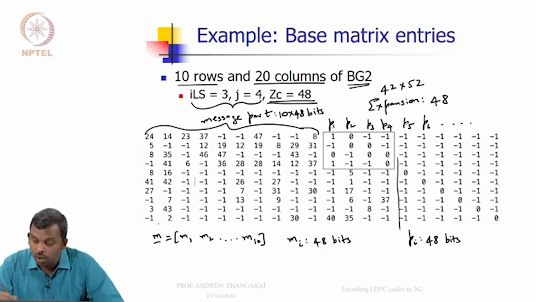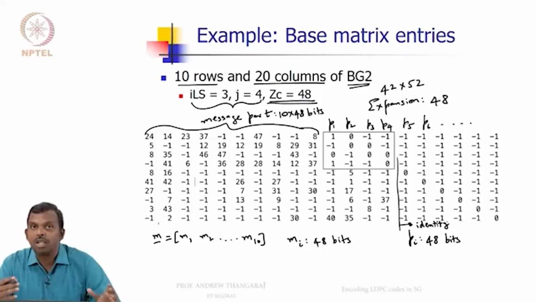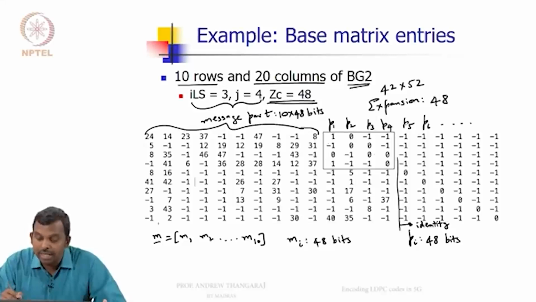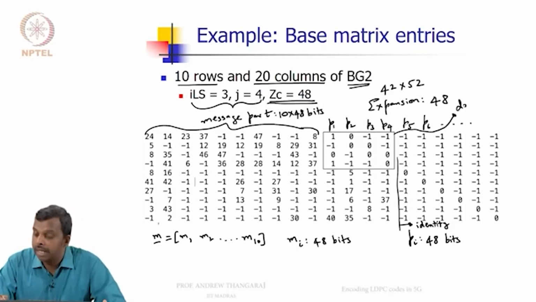So from this part on, it is just an identity. It's similar to the small example we saw at the beginning of this lecture, just identity and P. But this first part is clearly not identity. You have these minus ones, which get replaced by 0, but you have a 0 which is identity, and right below that there is another row of zeros. So this is a double diagonal structure. This structure is called a double diagonal structure.